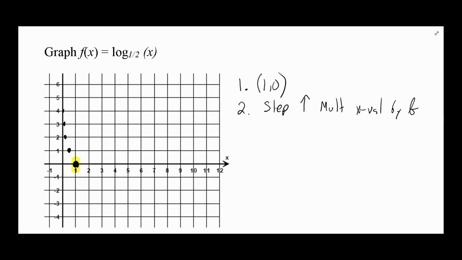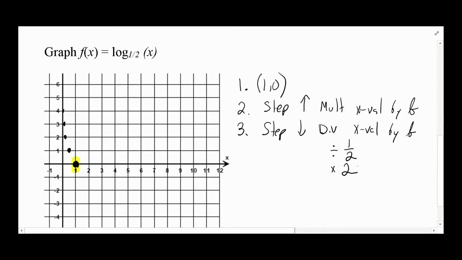Let's come back to our original starting point and now say if I take a step down, let's divide the x value by our base b. So if I'm going to divide by my base of 1/2, that's going to mean the same thing as multiplying by 2.